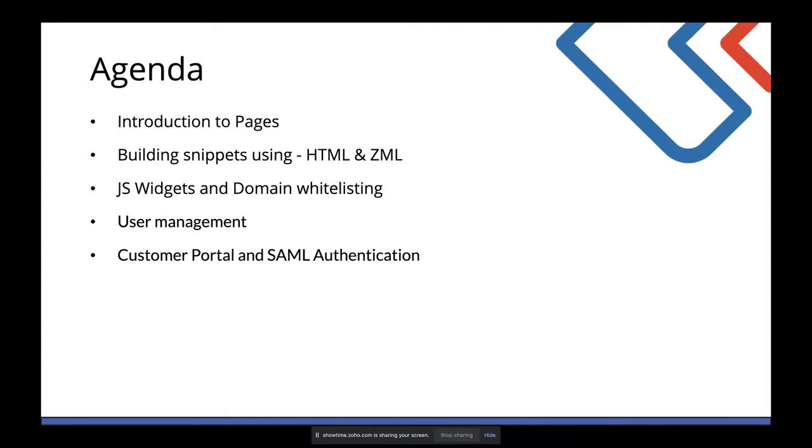We can also get data from other third-party websites, or even other applications of Zoho, and use the same inside our JavaScript widget. And this JavaScript widget can be used to build custom UIs.